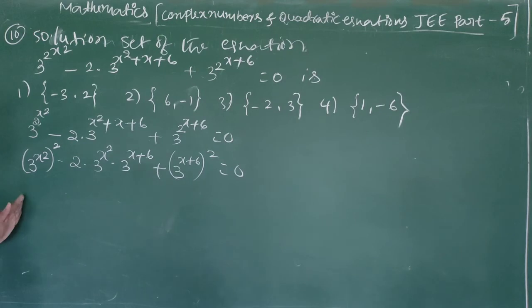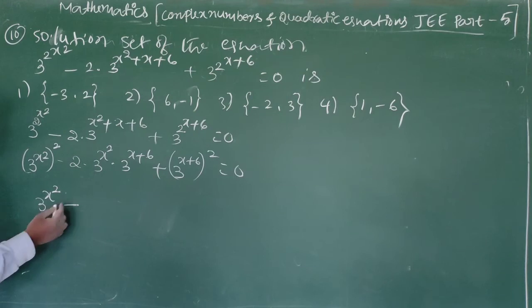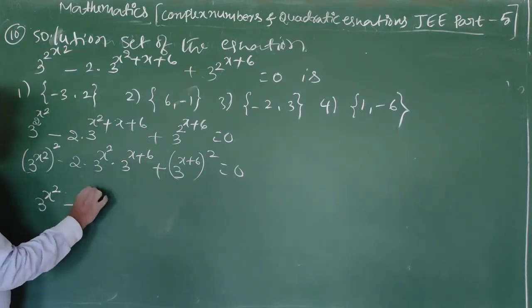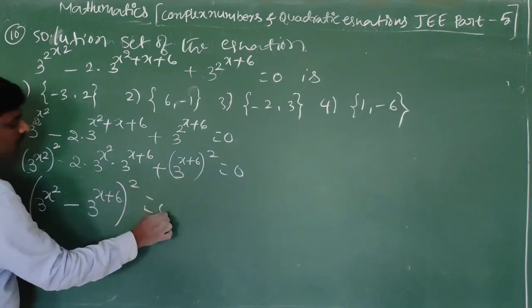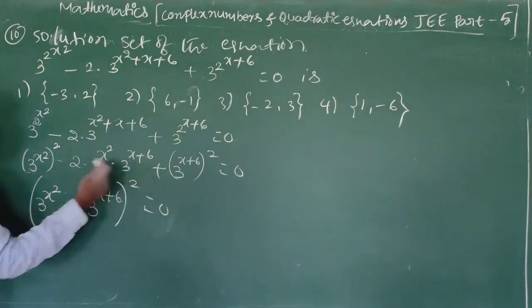Convert it into the form of a square minus 2ab plus b square. What is a square? 3 to the power of x square. What is b square? 3 to the power of x plus 6 whole square.